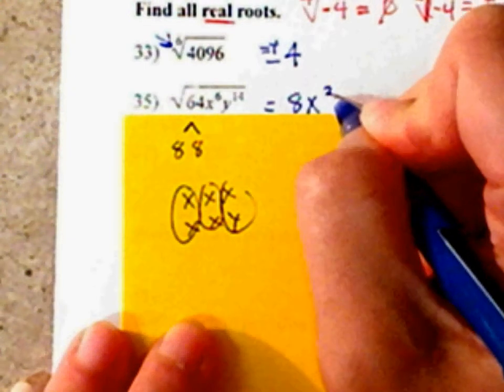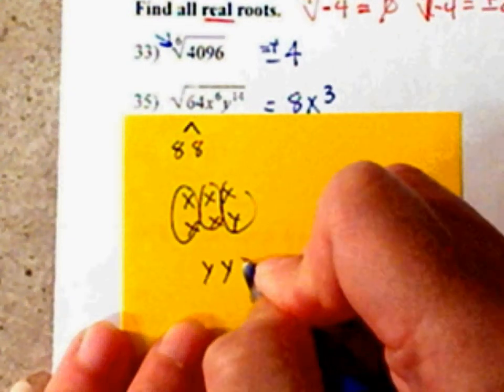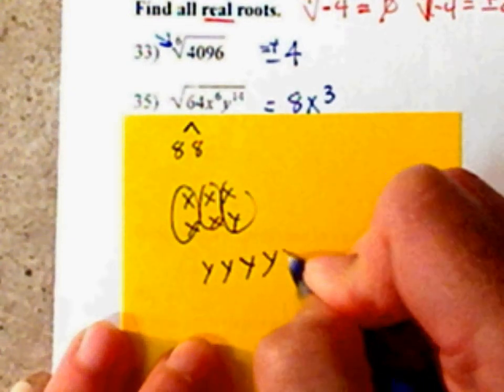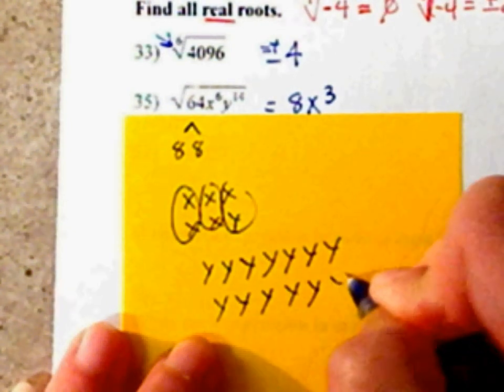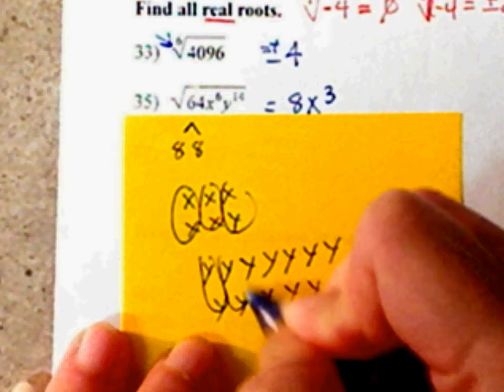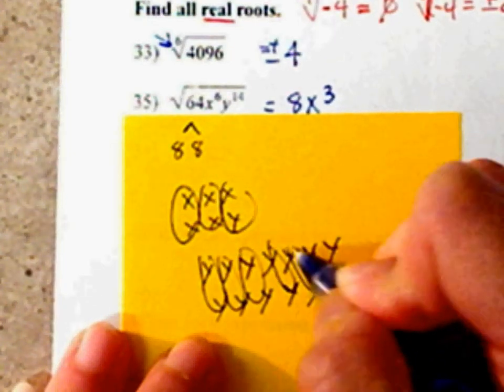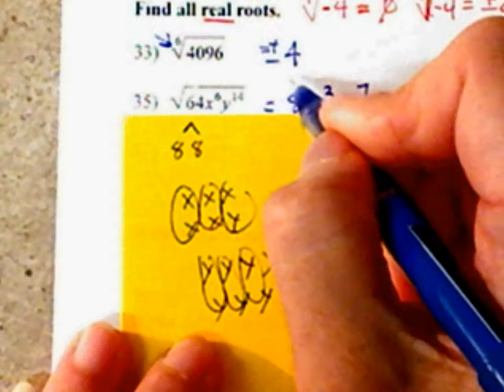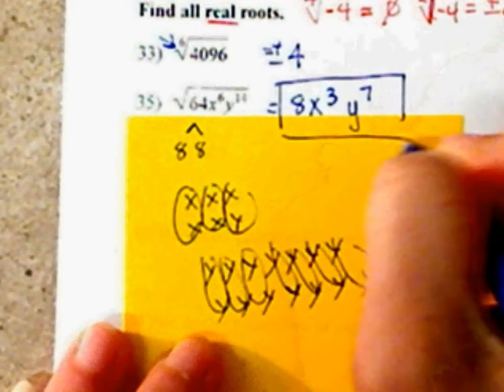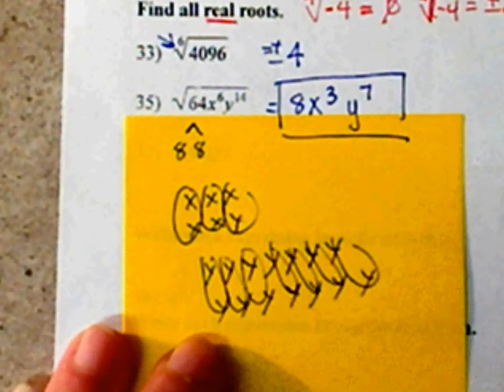You've got 14 y's, 1, 2, 3, 4, 5, 6, 7, 8, 9, 10, 11, 12, 13, 14. How many groups of y's do you have? 7. Nothing left under, so there's your solution. And if you want to be technical, you can say plus or minus, but I'm okay with this.